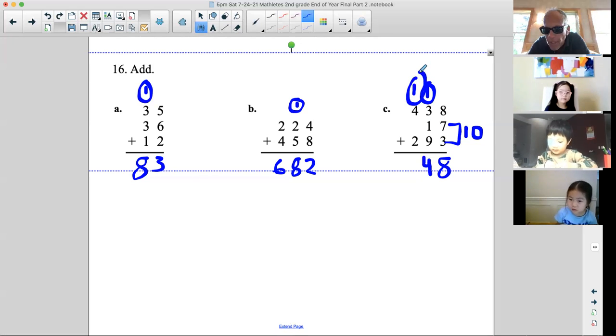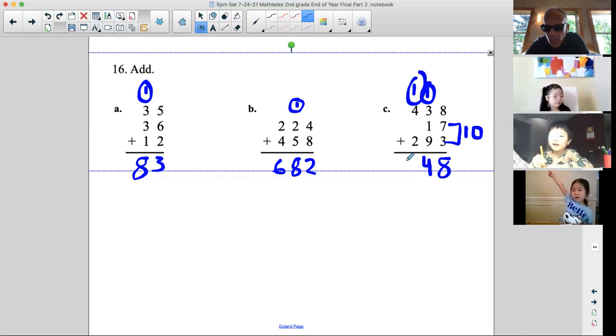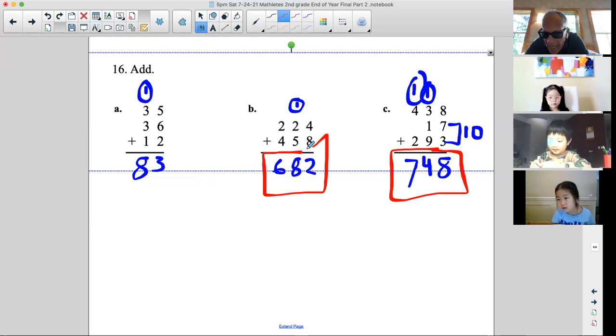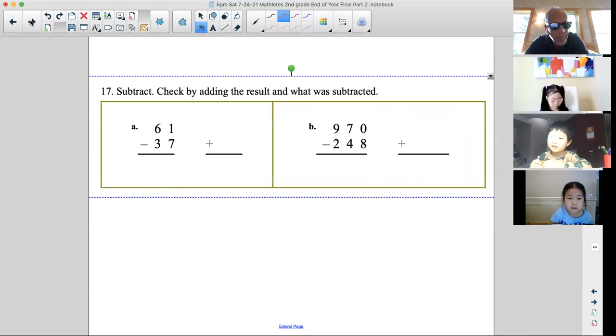And 1 plus 4 plus 2 is 7. Awesome. Great job. Everybody say the number on 3. 1, 2, 3, go. 748. 682 and 83. These are our special numbers today.